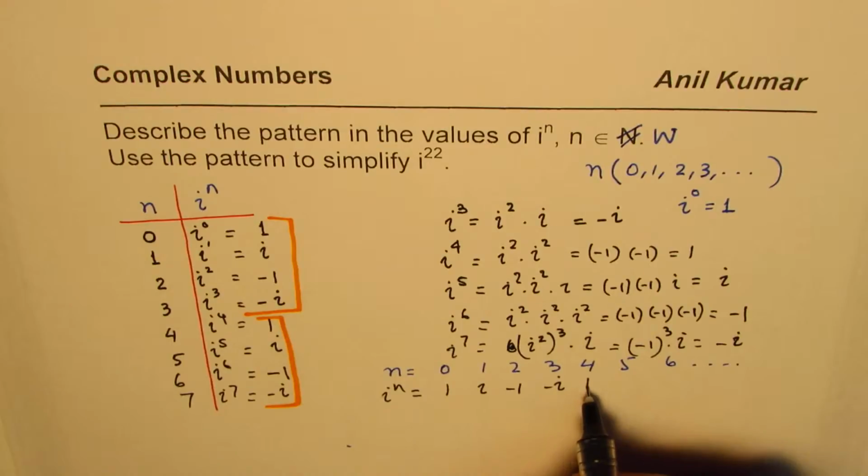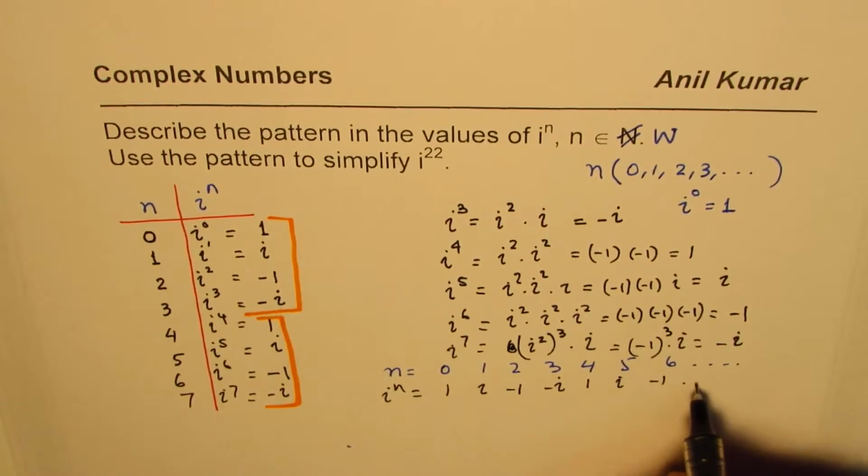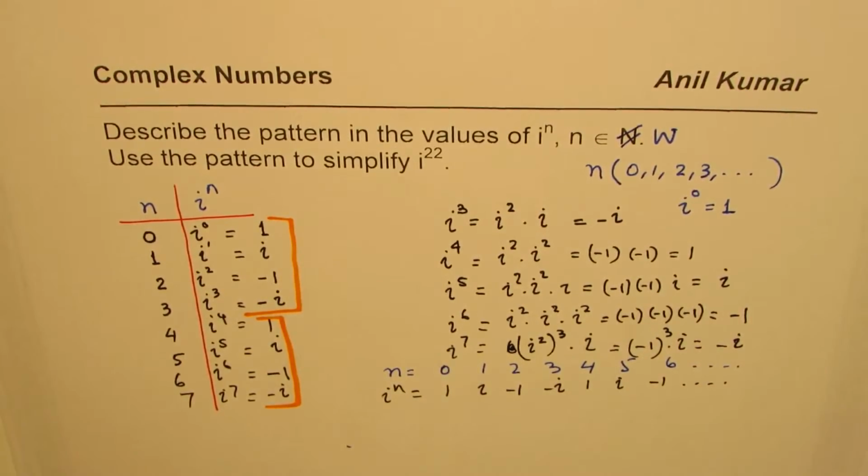It is 1, i, minus 1 and so on. So these 4 numbers repeat, right? Every power of 4 is actually 1 and then again it repeats, correct? So that is the pattern which we notice for i to the power of n. Do you get an idea?